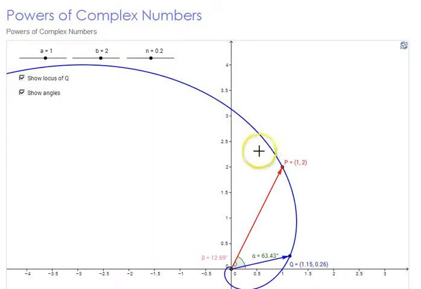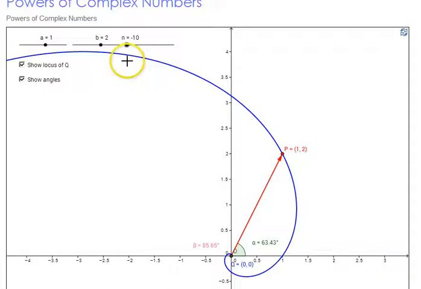So moving on to these powers, what I'm going to do here is vary n, just to show you how the tip, the point Q, actually moves, to show you the locus initially. With n equal to minus 10, you can barely see Q there. It's down here. 0 comma 0 is the coordinates given.